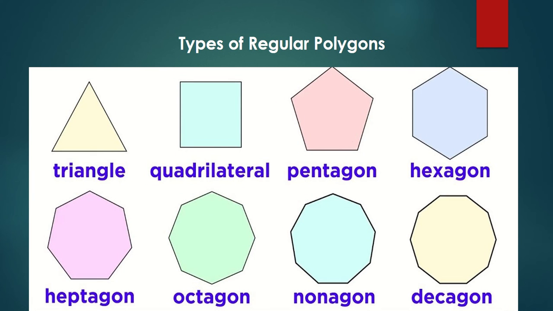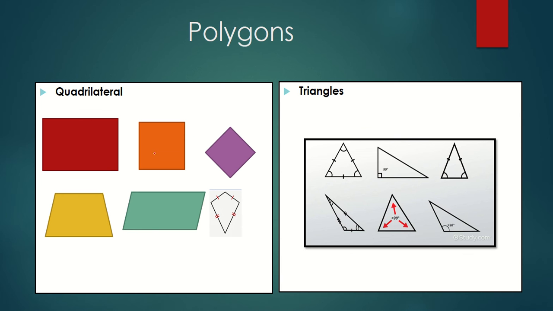Regular polygons are all shapes with equal sides. So you can see the triangle with equal sides, the square with equal sides, the pentagon, all the shapes have equal sides. Now a quadrilateral is a four-sided figure.